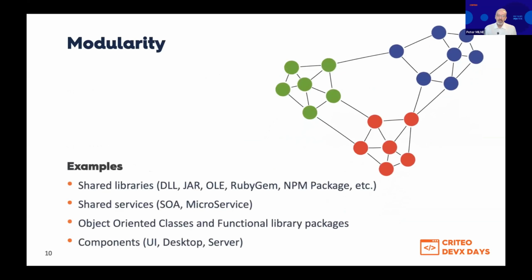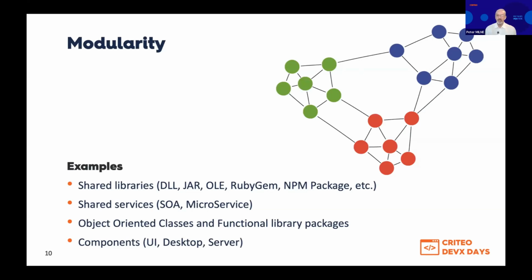Some examples of this are shared libraries. We all use shared libraries. If we're a Unix person or a Linux person, they're an SO, a shared object or a shared library. If we're a Windows person, they're a DLL. If we're a Java, Scala person, they're a jar, but there are Ruby gems and NPM packages. So you know what a shared library is. Then another concept of modularity is shared services.